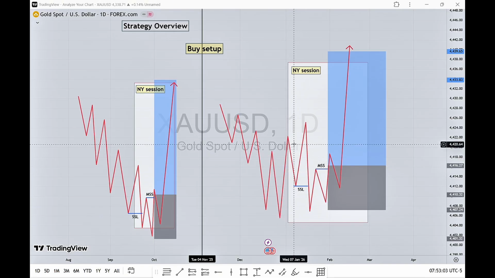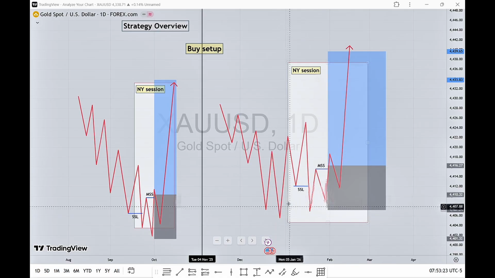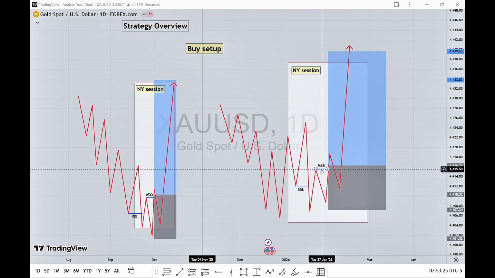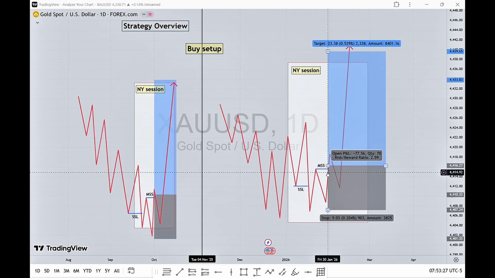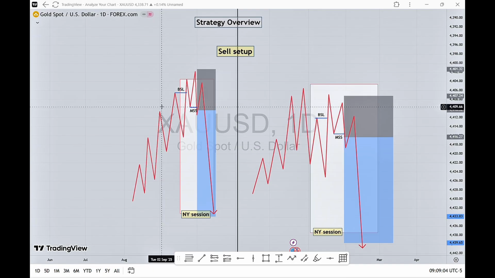So let's say the market enters New York session here and we don't see a sweep from the previous session. Here, the market takes out this liquidity, which is an internal liquidity within New York session. Once it is swept, the market maybe gets some form of order block here, gives us a market structure shift somewhere there, and I enter for buys just there and then. So this is how I look for buy setups.